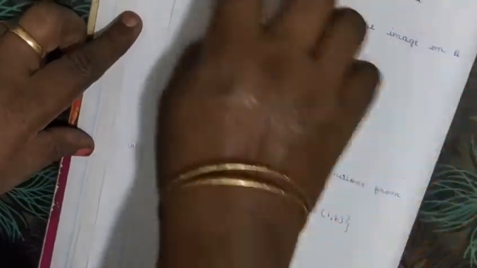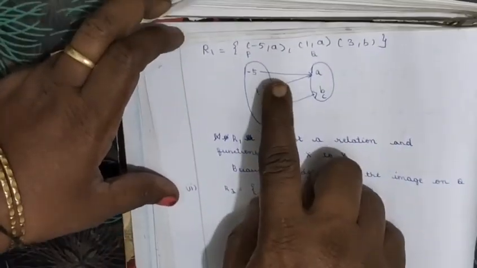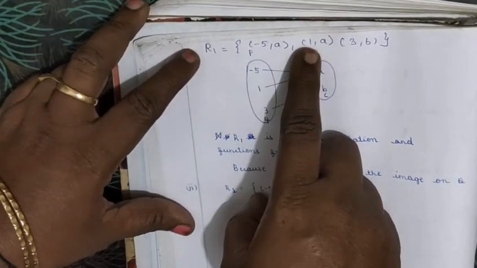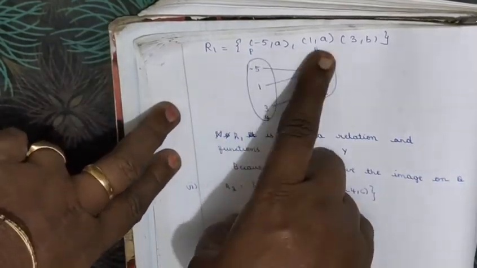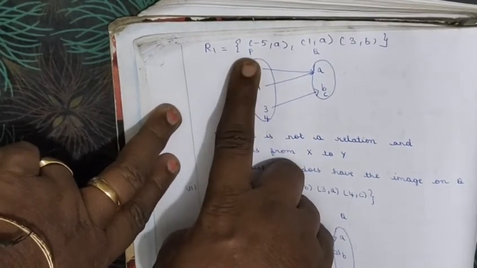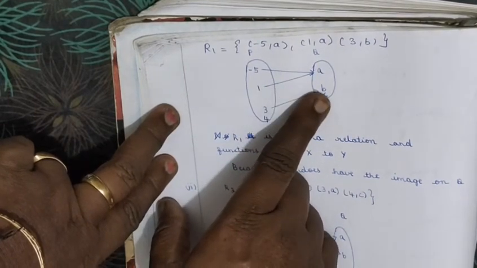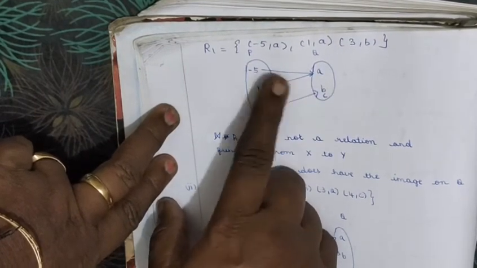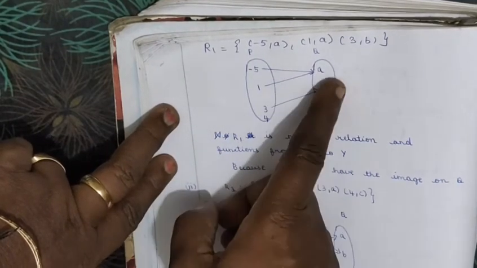Now R1 is given as minus 5, A, 1, A, 3, B. Arrow diagram. Let us name the two sets P and Q, and write all the elements of x in P and the elements of the second set in Q. Now relate minus 5, A, 1, A, 3, B.